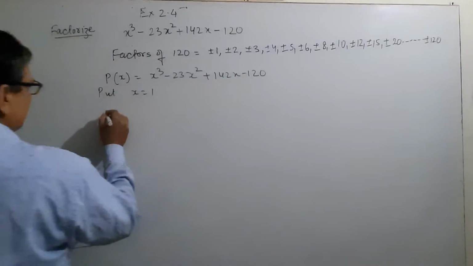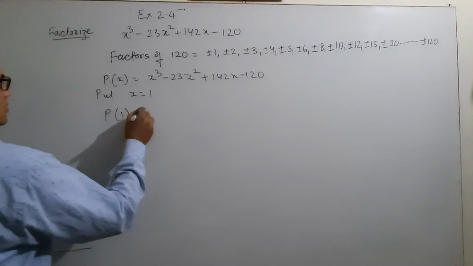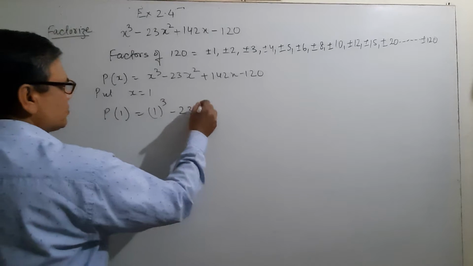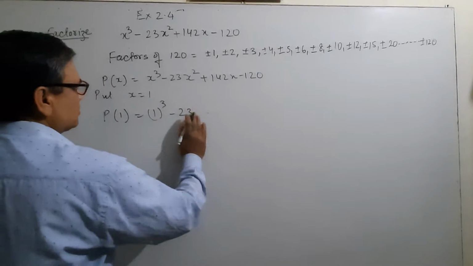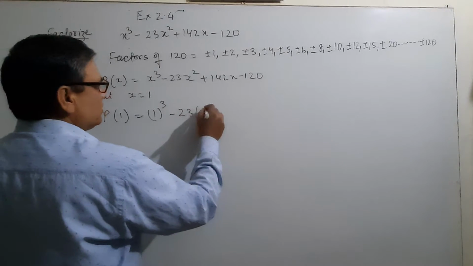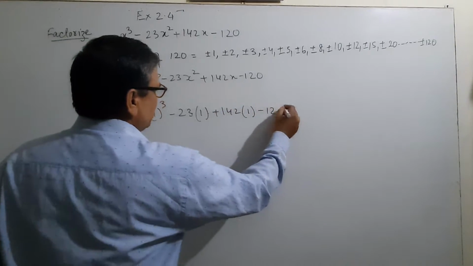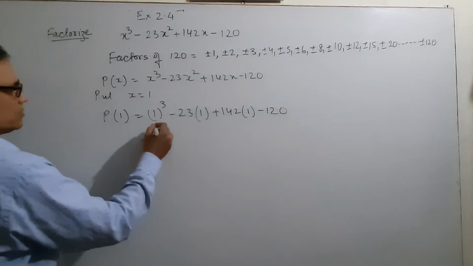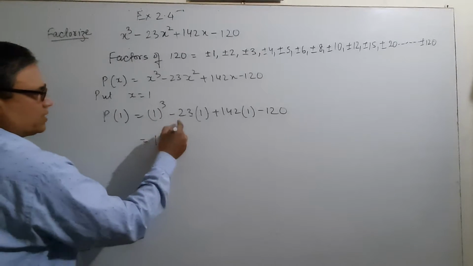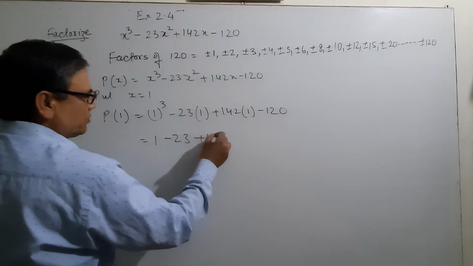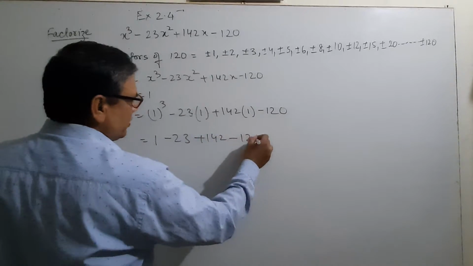Here P1 is equal to 1 cube minus 23 into 1 square plus 142 into 1 minus 120. That is 1 minus 23 plus 142 minus 120.